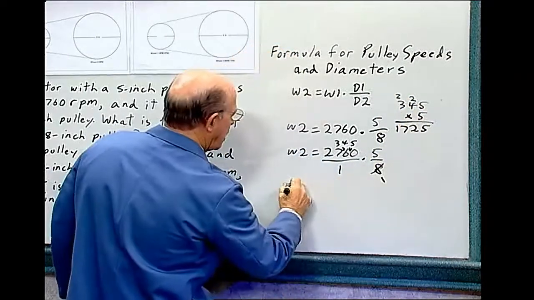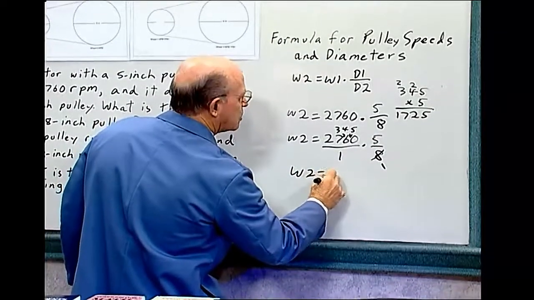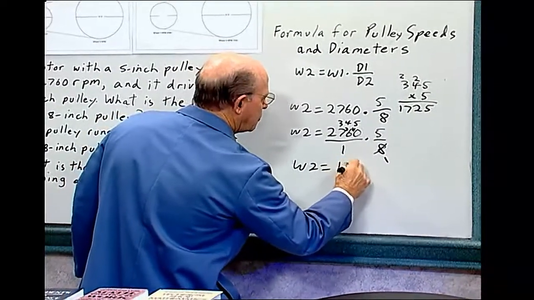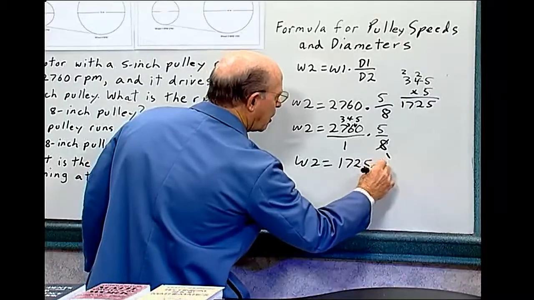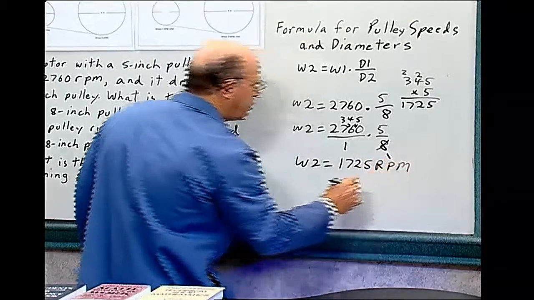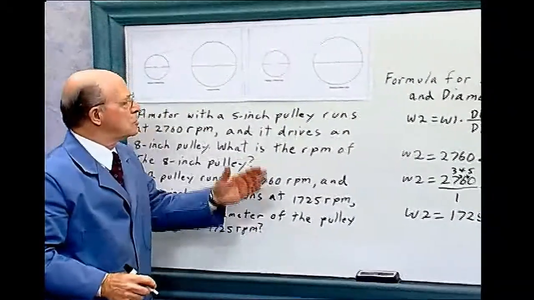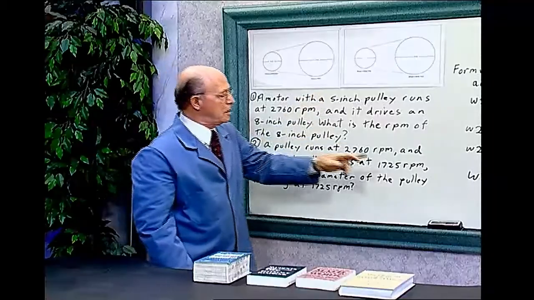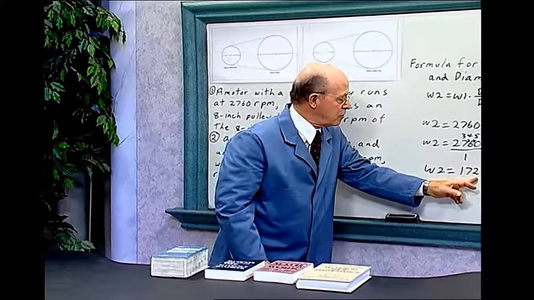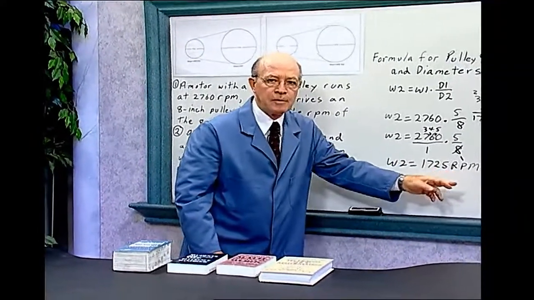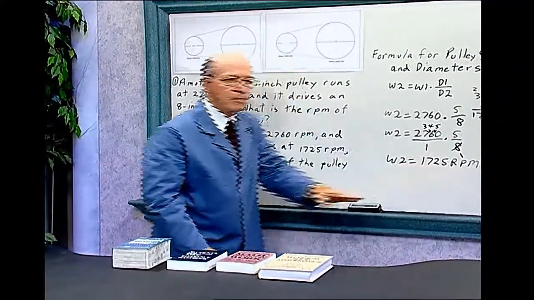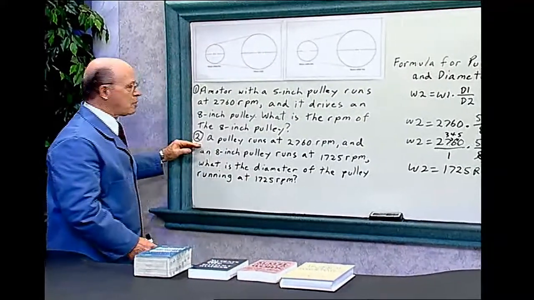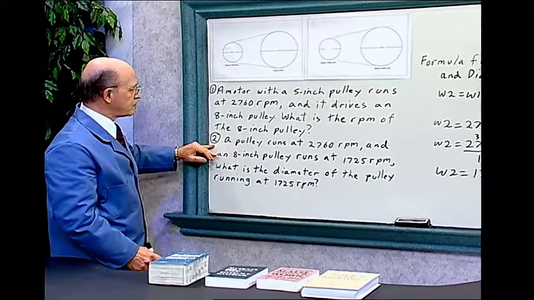So W2 equals 1,725 RPM. So the RPM of the 8-inch pulley is 1,725 RPM.